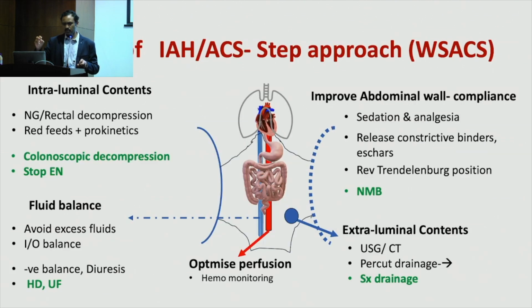And to split this into smaller parts, how to manage: these are the medical measures, where I have put them sequentially, and this is through the guidelines from the World Society of the Abdominal Compartment Syndrome. Whatever I put in green is the last intervention you do. So you decompress the system, and you stop enteral nutrition temporarily, and for the abdominal wall complex you release the pressures with neuromuscular blockade. If there is high volume overload, you de-resuscitate the patient, and for extraluminal contents you just keep a watch, and keep a watch on perfusion.